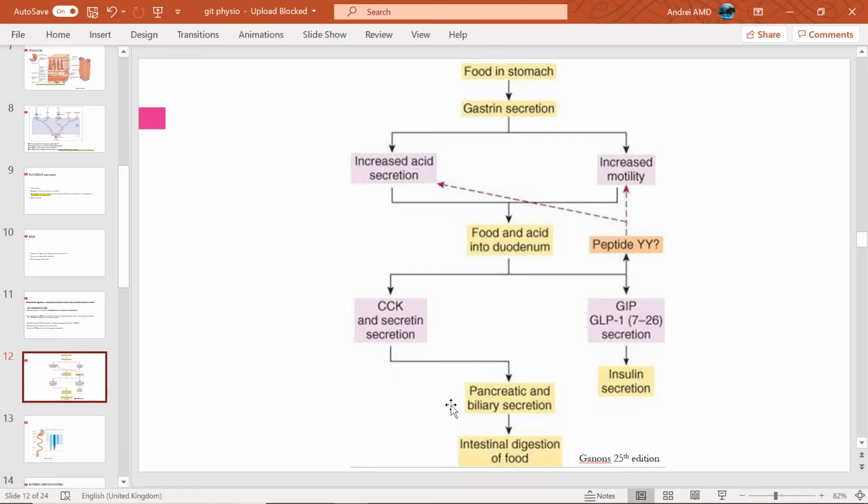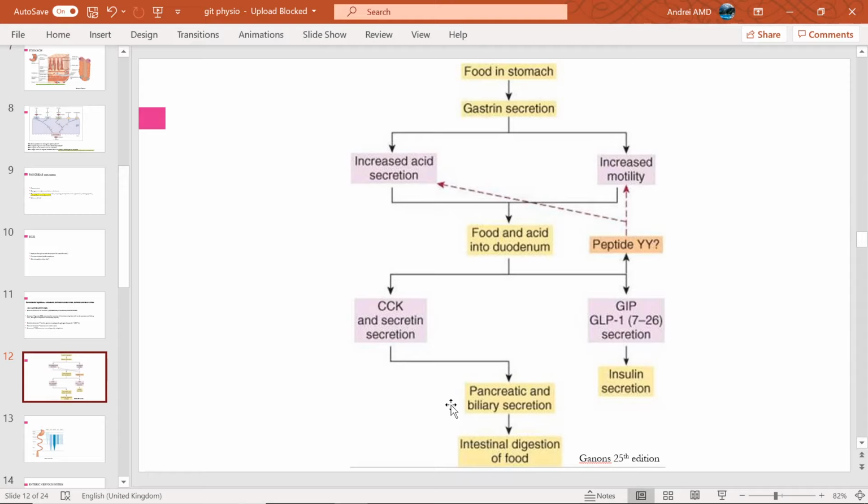Yeah, and these are pictures from Ganong, and I did use a lot of Ganong, and also for my actual exam I used Ganong and the lectures. I know a lot of people do use big books, but for me it was enough because I don't like putting too much information and making myself even more confused.